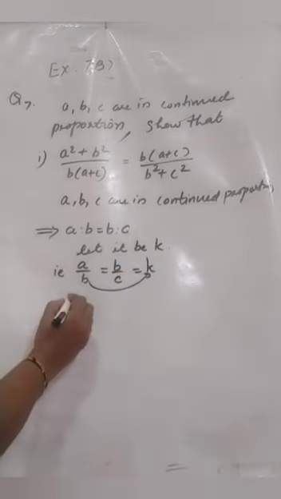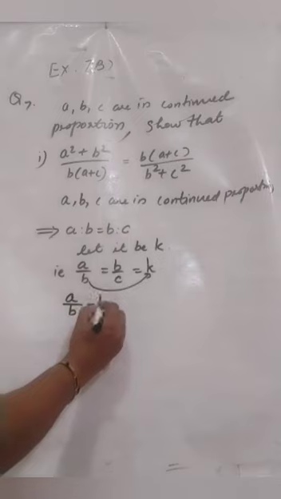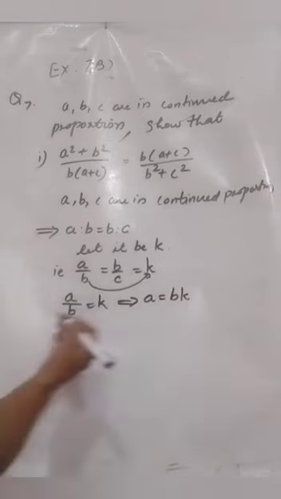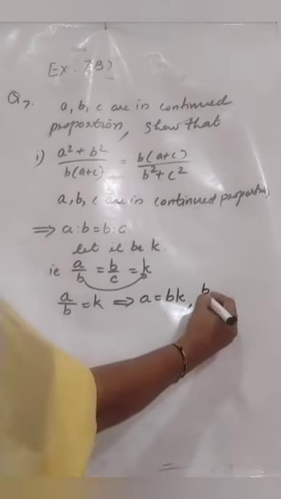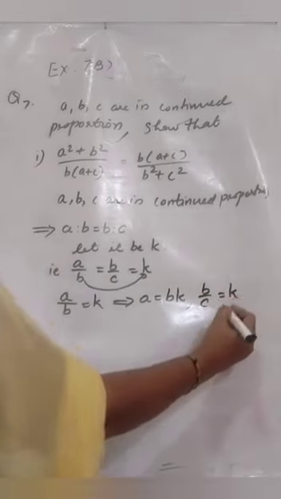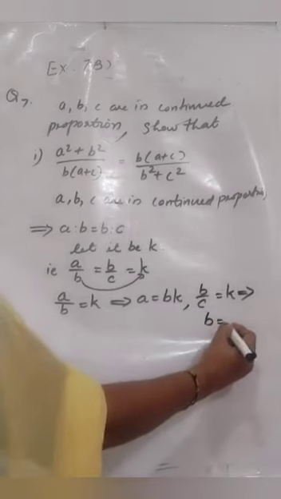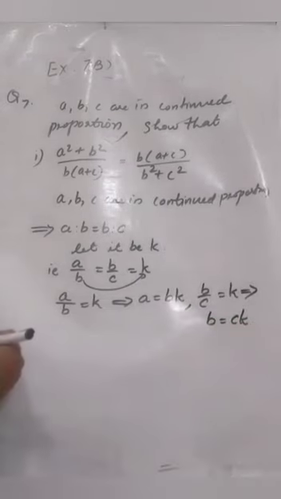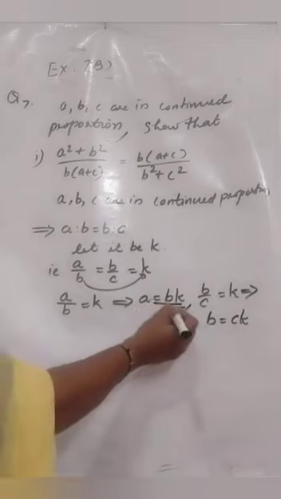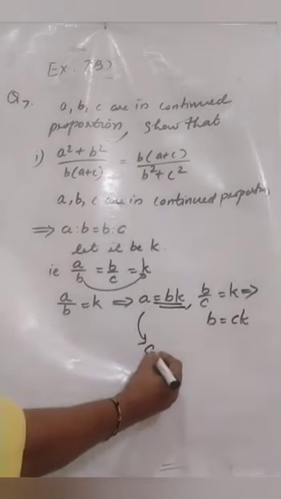So first we can equate A by B and K, so that we can write A equal BK. And the second, B by C equal K, which implies B equal CK. And now you substitute this B value in the first equation.